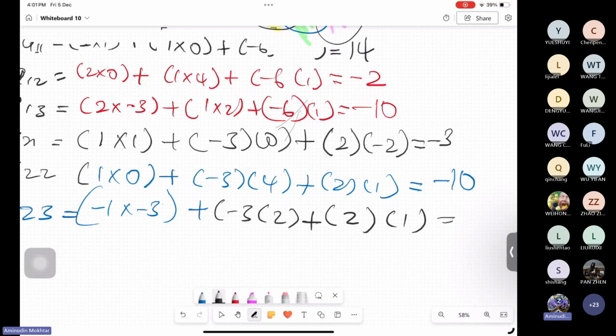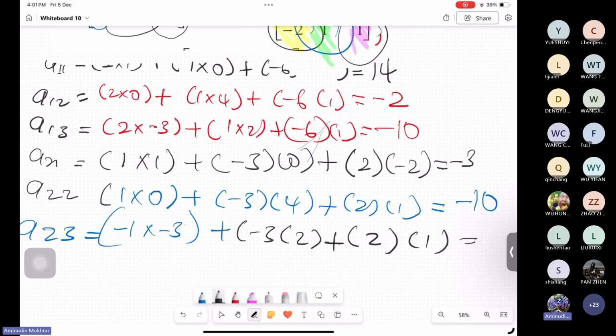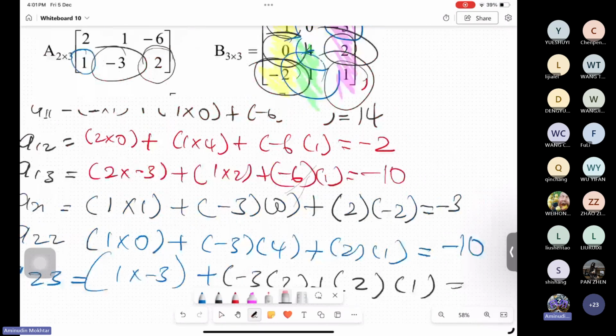3 times 6, minus 3, minus 3, okay, 3 times 2. I hope the answer is negative 1. That's why this is not negative 1, this is a positive 1.